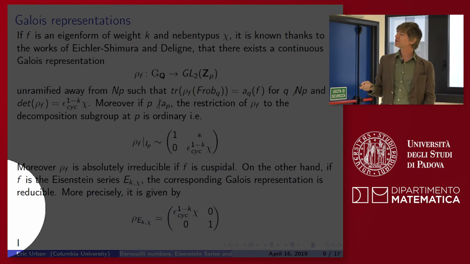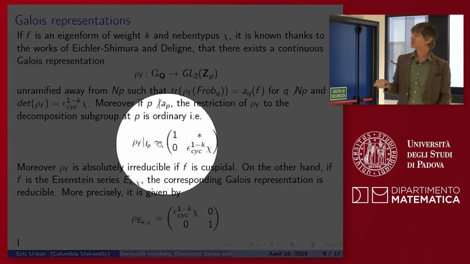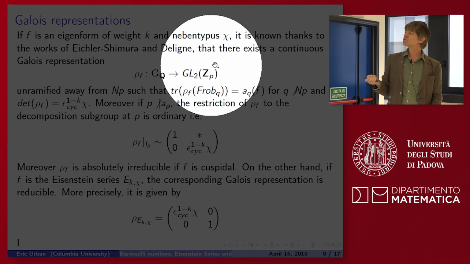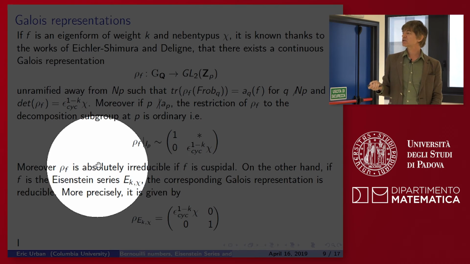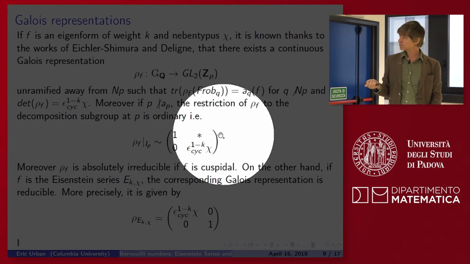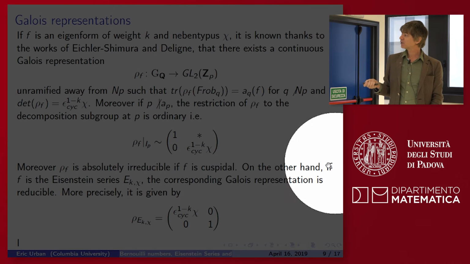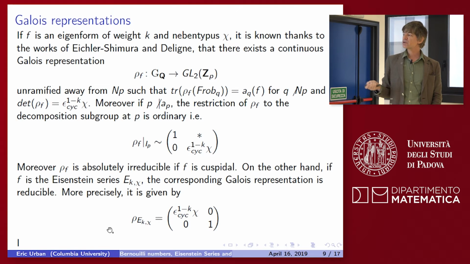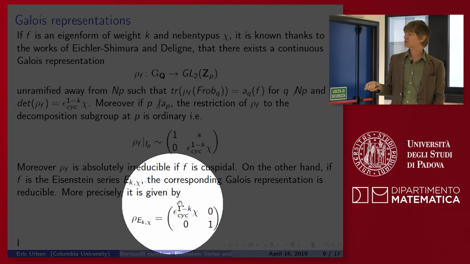So what is important about cusp forms is that the corresponding Galois representation is irreducible, absolutely irreducible. And on the other hand, if f is an Eisenstein series E_k chi, then the corresponding Galois representation is reducible, and actually it has exactly this form.